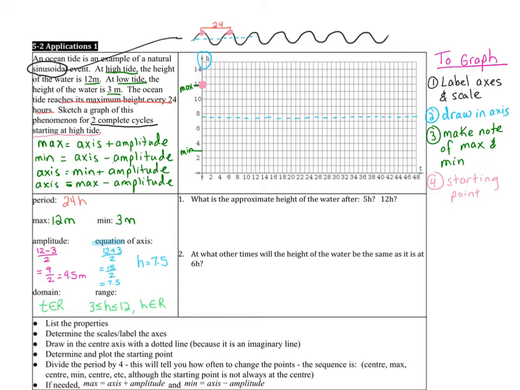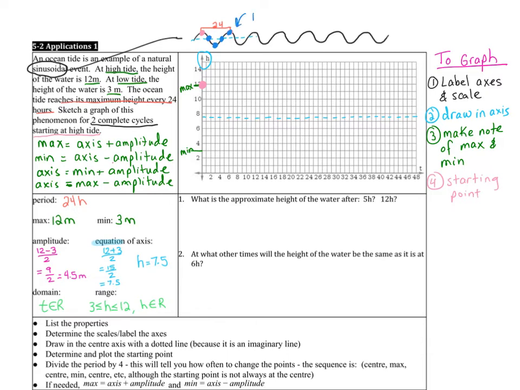So once you have the starting point, your next point is going to be on the axis. Your next point is going to be at the minimum. Your next point is going to be back on the axis, and your next point is going to be up on the maximum.